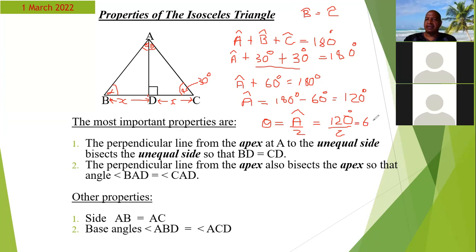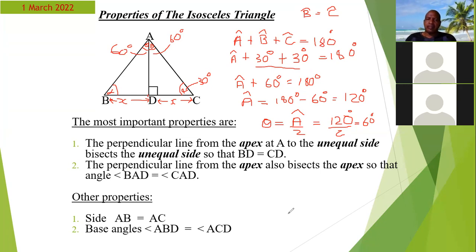So each of the angles in the right angle triangles at the apex would be 60. So this angle on the left hand side at the top would be 60. This angle on the right hand side at the top will also be 60 degrees. Is that clear, guys?